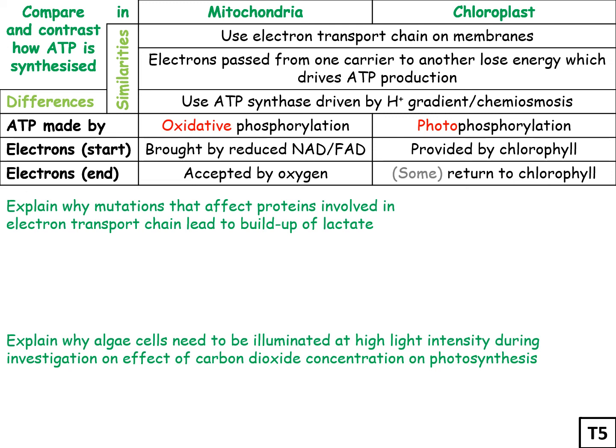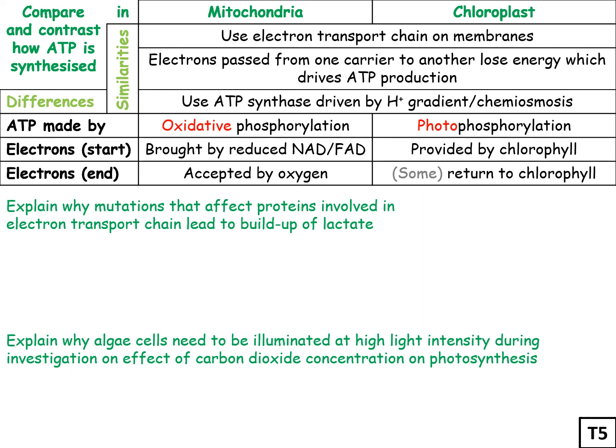Where do the electrons start? Well, it's brought about by reduced NAD and reduced FAD in the mitochondria. However, in the chlorophyll, the light excites the electrons, and that's where they start in the chloroplast. In terms of where they end, oxygen is the final electron acceptor in the mitochondria. However, in the chloroplast, it depends if it's cyclic or non-cyclic phosphorylation.